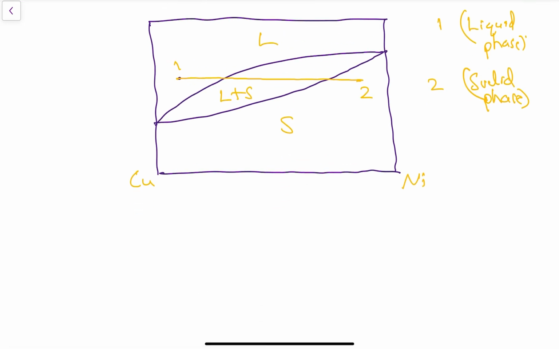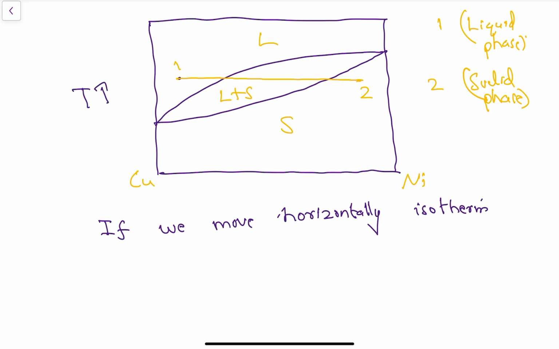so let me write it down. The 1-to-1 rule states that if we move horizontally, so that is basically an isotherm because we are moving at constant temperature. The y-axis corresponds to the temperature. So that is an isotherm.